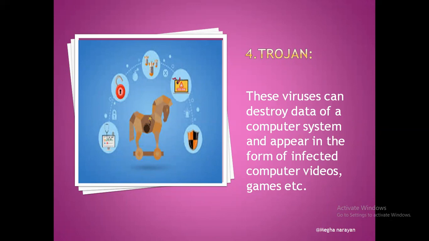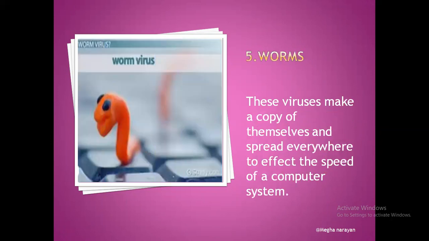They simply destroy the data. In those computer videos and games that you can see, at the back, there is a hidden virus. Once you download those videos, or start playing those games, the virus hidden at the back will get activated and will attack your system.